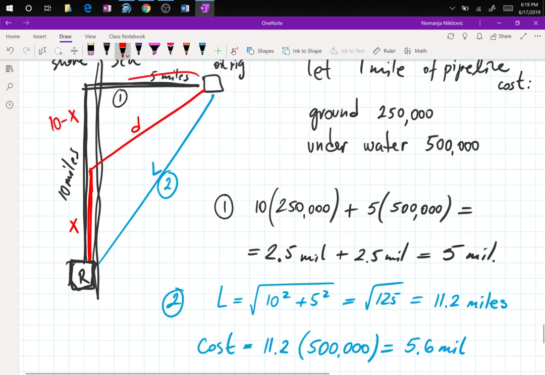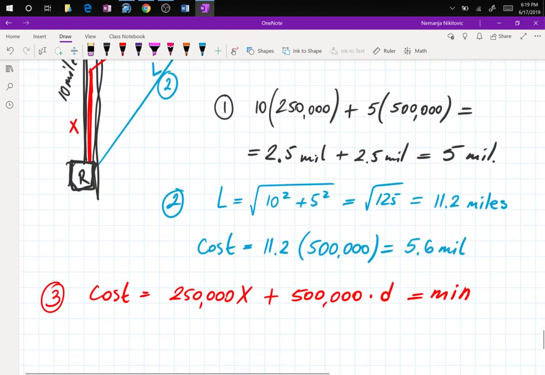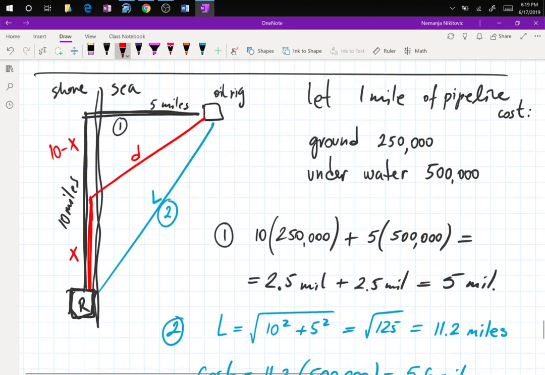10 minus x, and here's your right triangle. You can use the Pythagorean Theorem in the right triangle. It connects x and d, and that's your constraint. So you have 5 miles squared plus (10 minus x) squared is equal to d squared. If you look at the picture, d is the hypotenuse, and 10 minus x and 5 are legs.